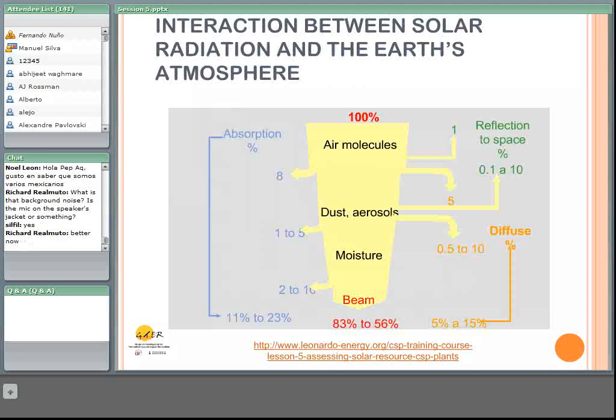That means we can have between about 1,100 watts per square meter and 600 or 700 watts per square meter on a day without clouds, depending on the conditions of the atmosphere, the haze, the dust and aerosol contents, the relative humidity, and so on.